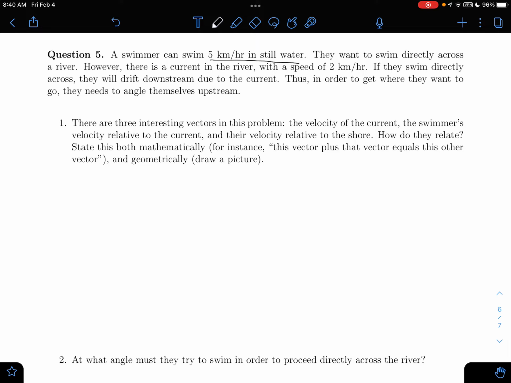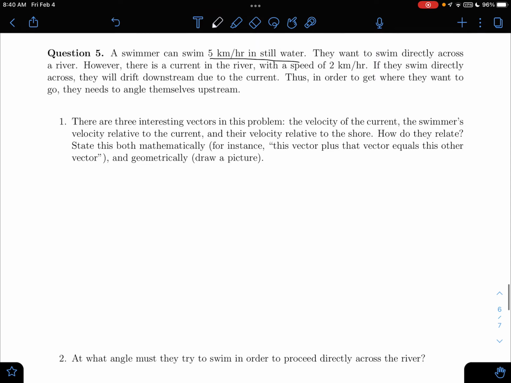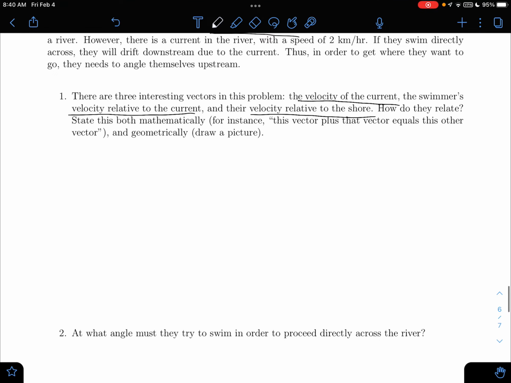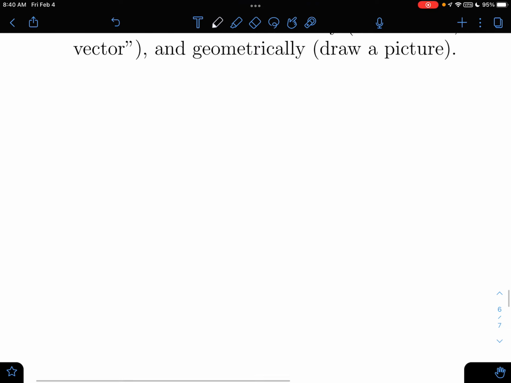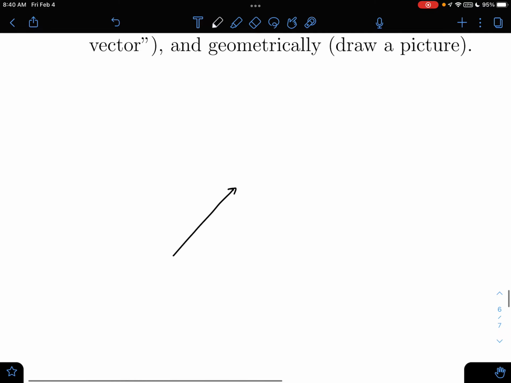So let's draw some pictures, right? So we have a velocity relative to the current, a velocity relative to the shore, right, and a velocity of the current, right? We have the person relative to the water, right? We're saying they're going to be going at an angle in the water. Then we have the current pushing us back this way.